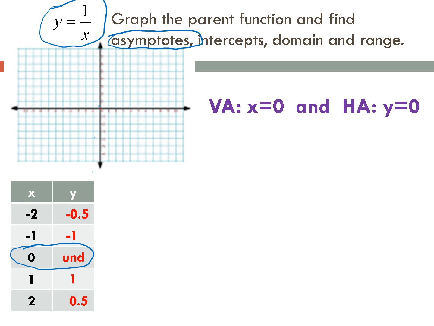So let's plot our vertical and horizontal asymptotes. Then let's plot our points. Obviously, we cannot plot 0 as undefined, but we can plot negative 2, negative 0.5, negative 1, negative 1, 1, 1, and 2, 0.5. Okay, so now that we've got our asymptotes plotted and our points plotted, we can connect the dots.